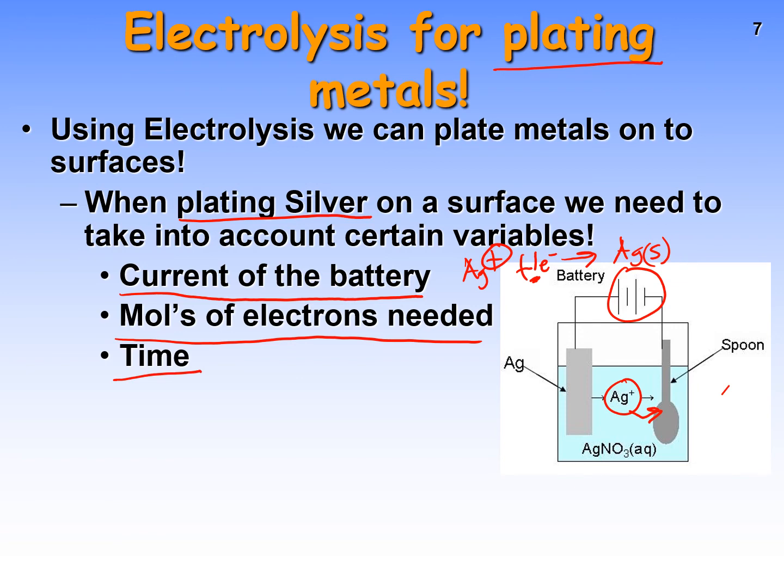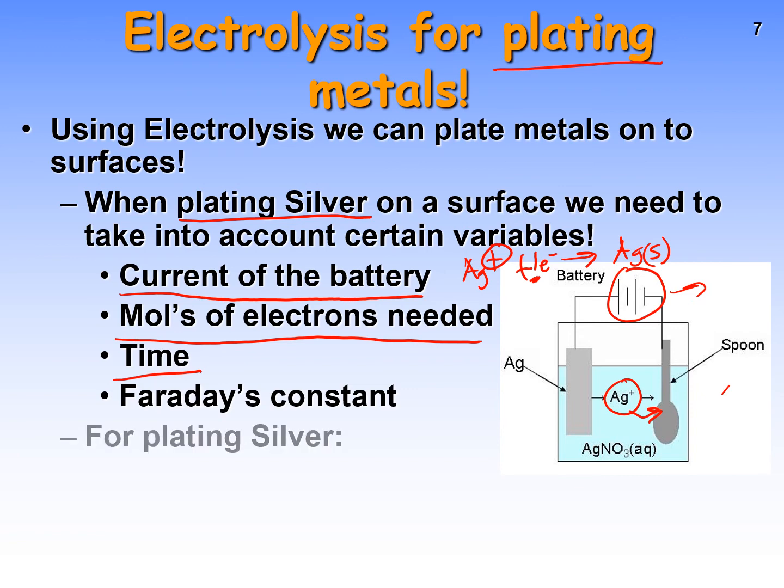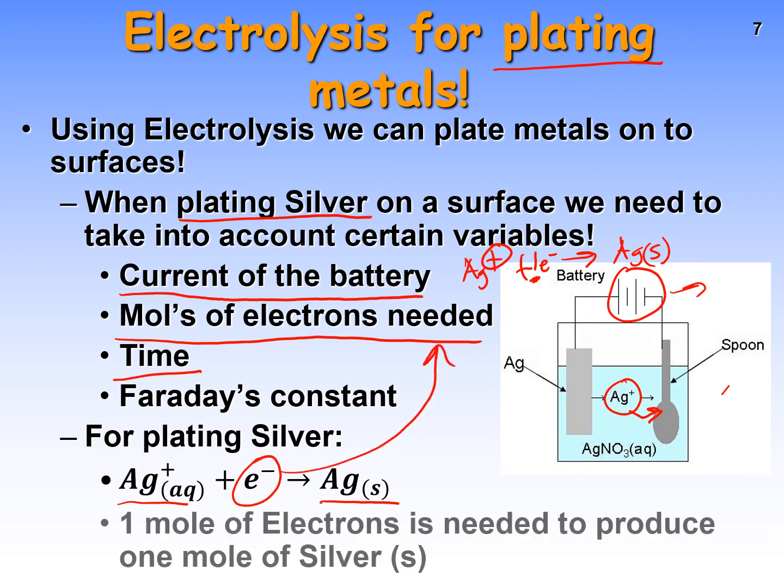The longer you run this cell for, the more silver is going to be plated out. Finally, we also need Faraday's constant. That's just a value we're going to need to do the conversions. So for plating silver, as we've just talked about, you need Ag plus to go to Ag solid, meaning I need 1 electron. That's this guy.